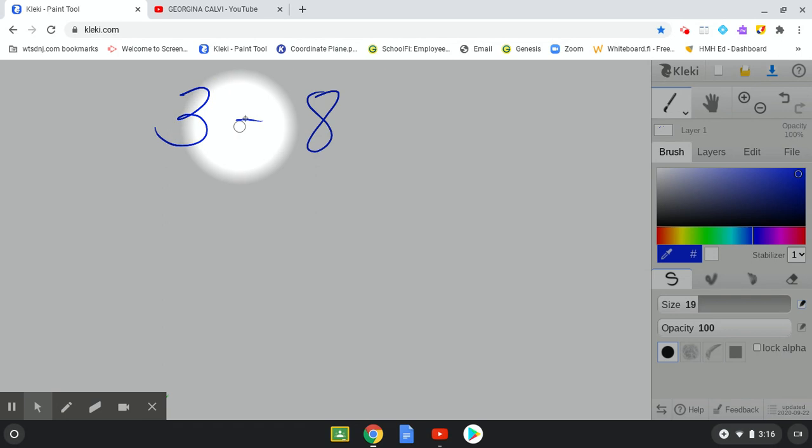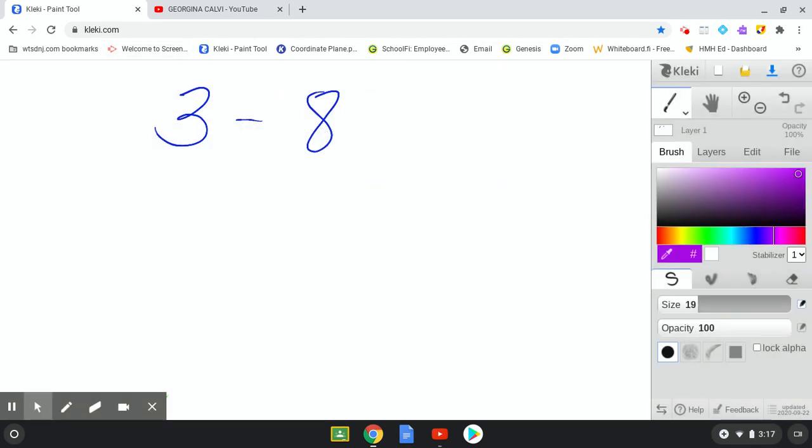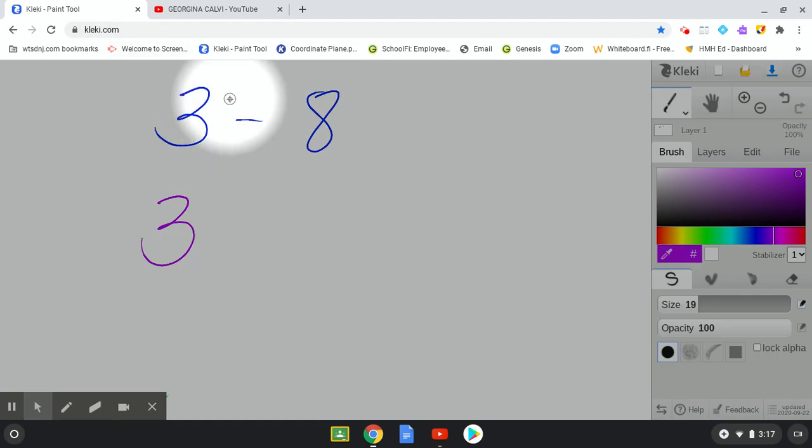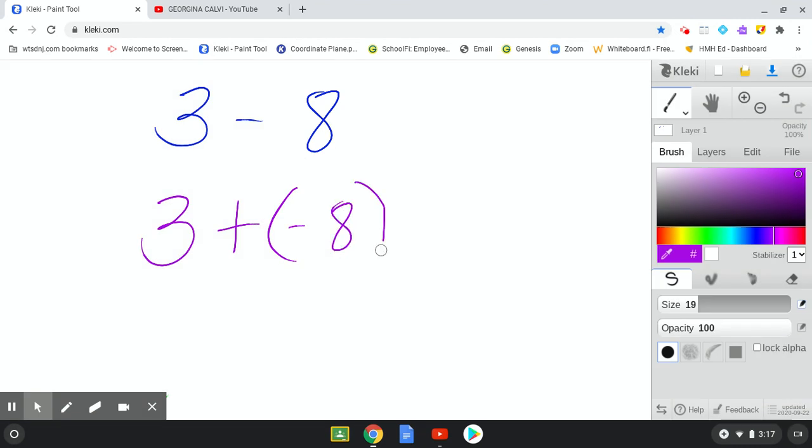So keep, change, change. This is a positive 3, so I'm keeping that a positive 3. I'm changing my subtraction sign to addition. And this 8 right now is positive, all right? So I want to change it to its opposite. So the opposite of positive 8 is negative 8, all right?